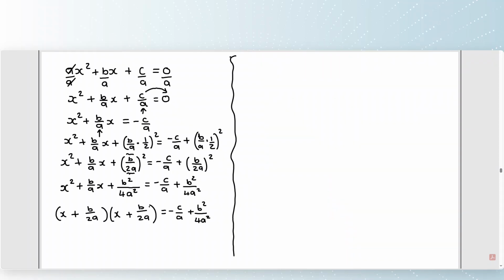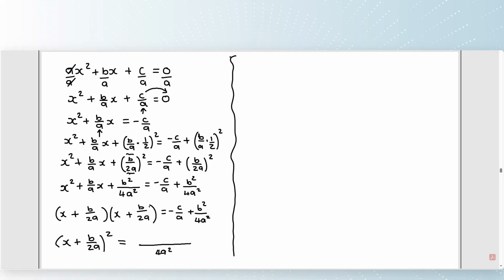Now we have two brackets that are exactly the same. They are identical. We're going to write one and put a square. Okay, equals. Now on the right hand side, we're going to look for the LCD. So we're going to take 4a squared, because a can go into 4a squared and 4a squared can go into 4a squared.